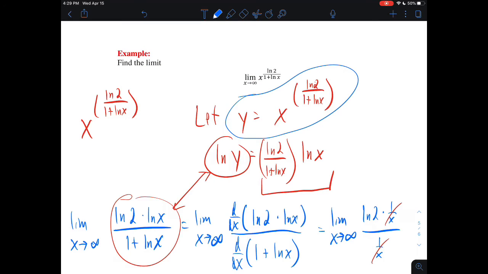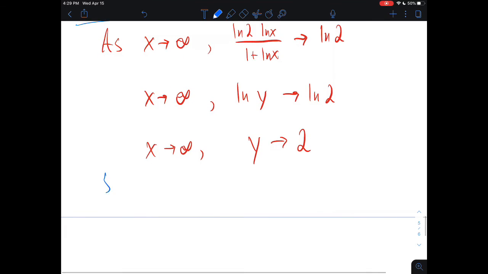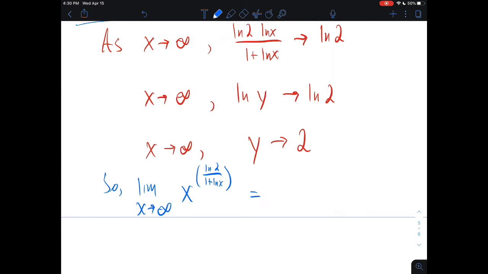So the limit as x approaches infinity of the original expression is just 2. In other words, as x approaches infinity, the original expression, which we called y, x to the power of natural log of 2 divided by 1 plus the natural log of x, actually approaches 2. So the answer for our limit is 2.